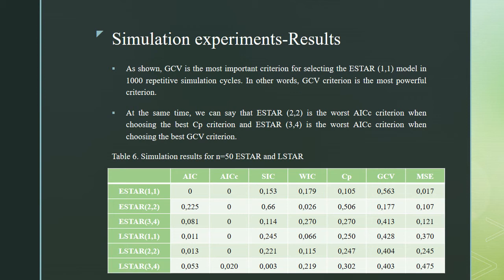At the same time, we can say that A*22 is the worst under the AIC information criterion when choosing by the best CP criterion, and A*34 is the worst under the AIC information criterion when choosing by the best generalized cross-validation criterion.